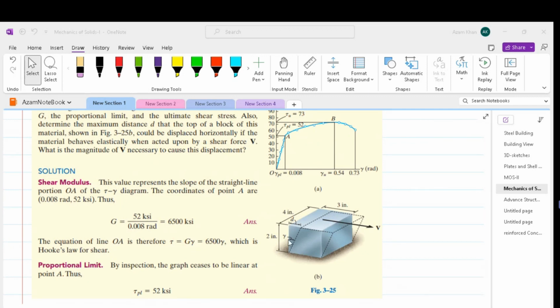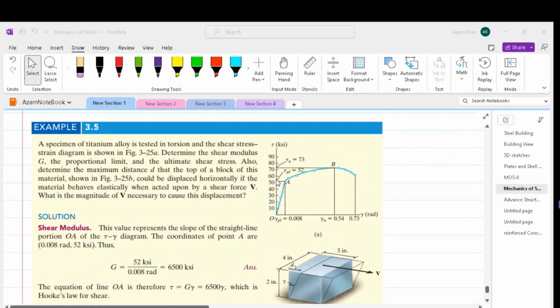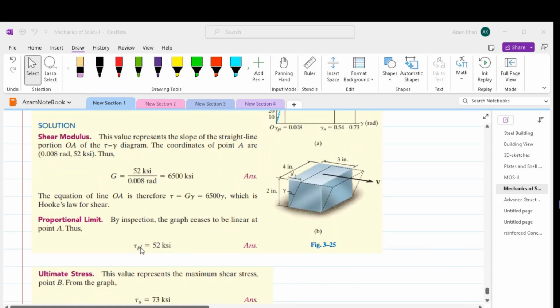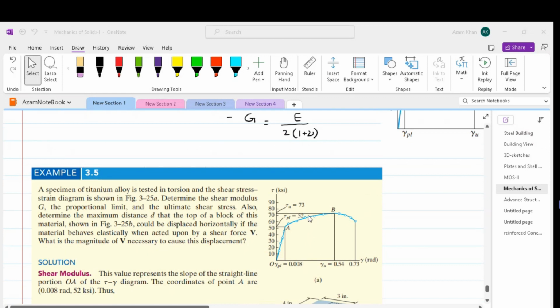Gamma is shear deformation, and gamma is measured in radians. Thus, point A is the proportional limit. So tau proportional is 52 ksi. The ultimate shear stress is 73. So this is just drawing a straight line which will hit the tau axis and we will get 73 ksi.